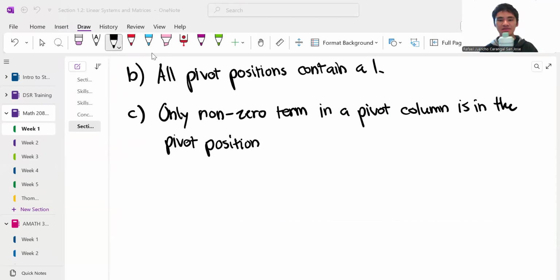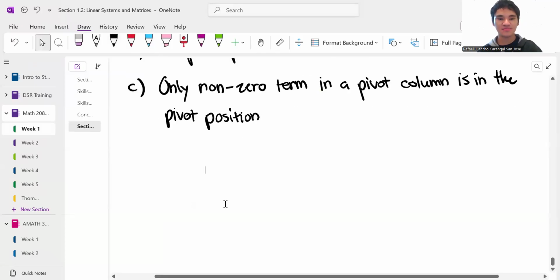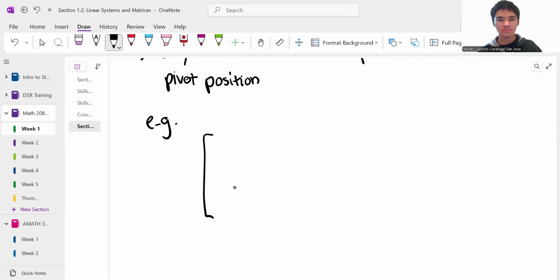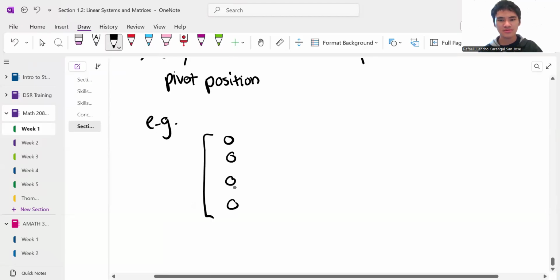So you have some particular examples here. You know what? Let's put one of them as an example. Let's do this. How many rows? Four. Okay, we keep going.